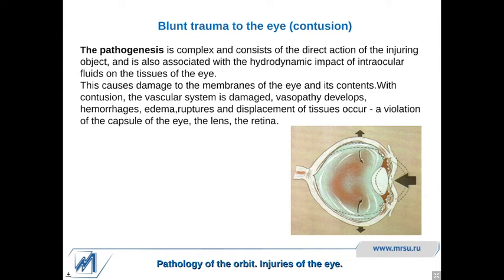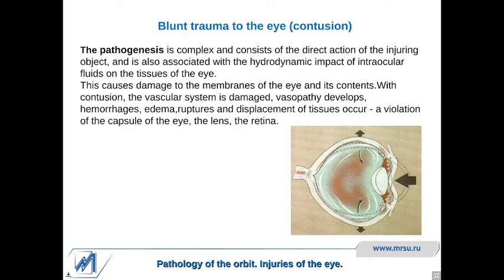The next part of traumas are blunt trauma to the eye, or contusions. The pathogenesis is complex and consists of the direct action of the injuring object, and is also associated with the hydrodynamic impact of intraocular fluids on the tissues of the eye.